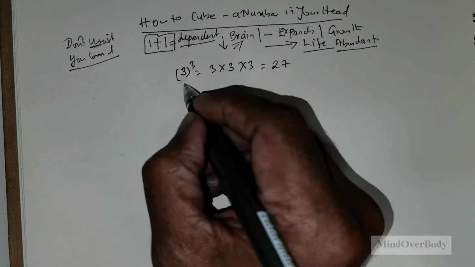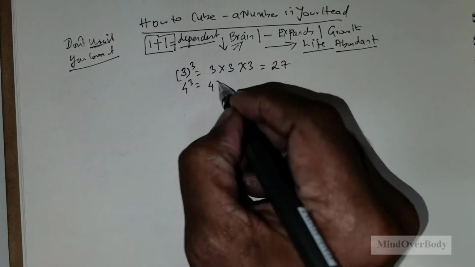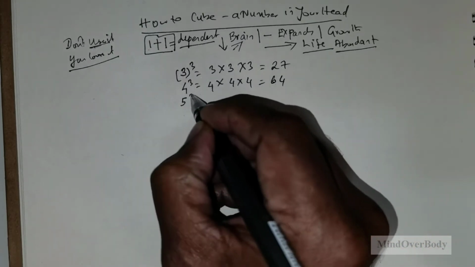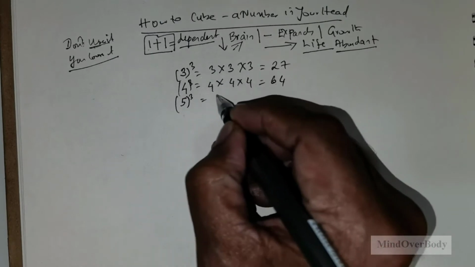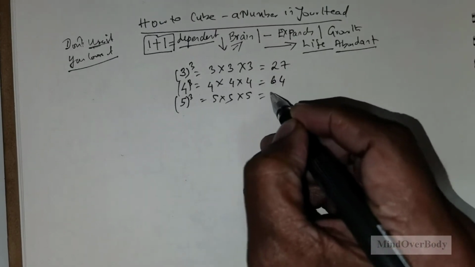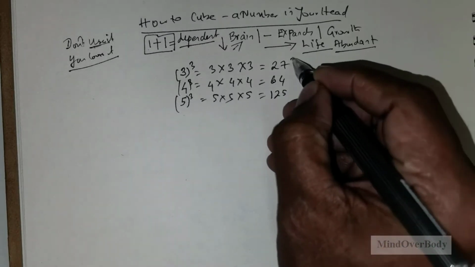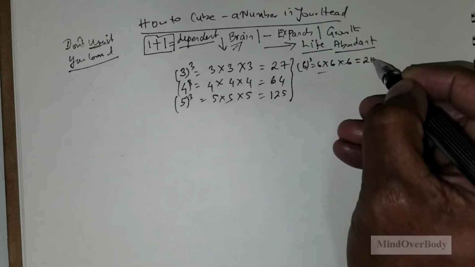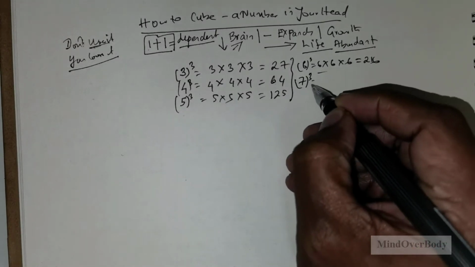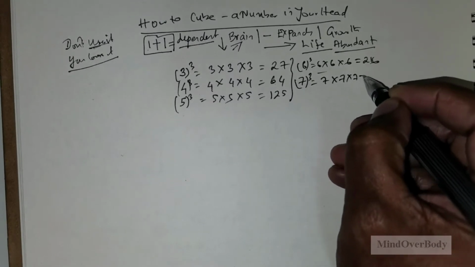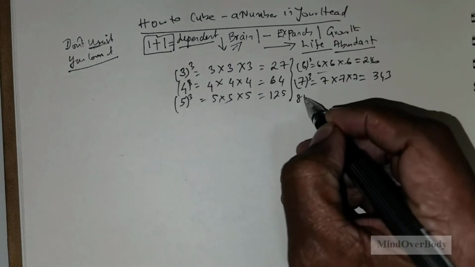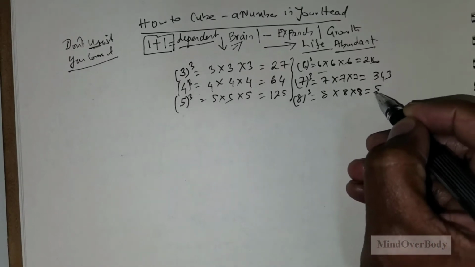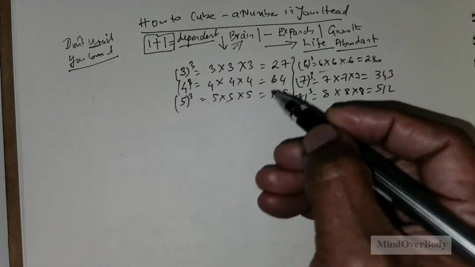If I were given 4 cubed, I multiply 4 three times, and that would give me 64. 5 cubed gives 125. 6 cubed gives 216. 7 cubed gives 343. 8 cubed gives 512. So these are all standard cubes.